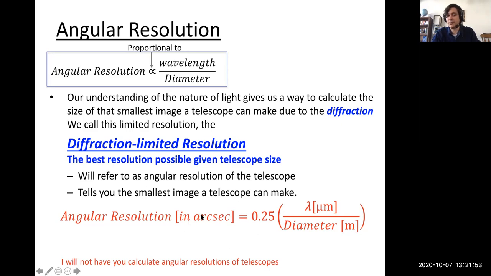That'll give you your angular resolution in arc seconds. You do not have to calculate angular resolutions in this class, but I wanted to show you that we can replace proportional to with an equal sign if we use a little extra knowledge. So the angular resolution equals 0.25 times the wavelength of light you're observing at divided by the diameter of the telescope.